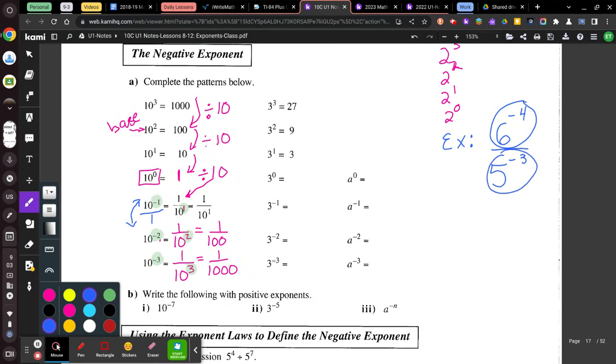And the minute I flip them, both exponents will turn positive. This is called reciprocate. You're going to see that word. The minute you reciprocate, it changes your exponents. So this is going to become 5 cubed on top of 6 exponent 4.